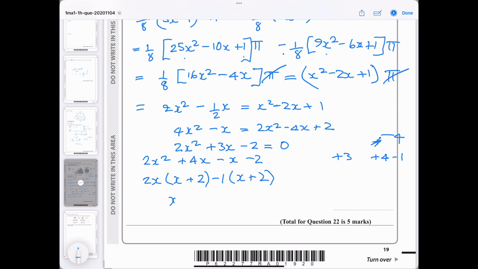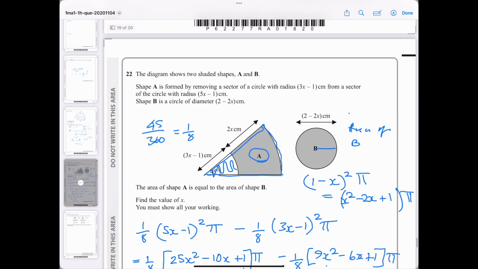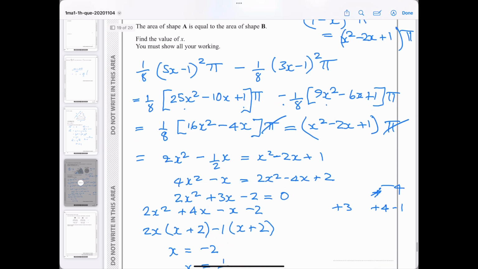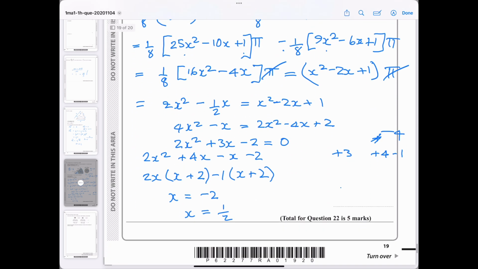So x equals minus 2, and x equals a half. And I'm assuming it can't equal minus 2, so it's going to equal a half.